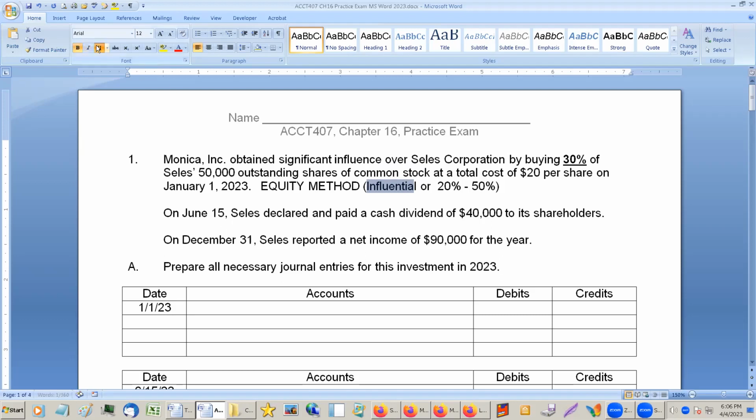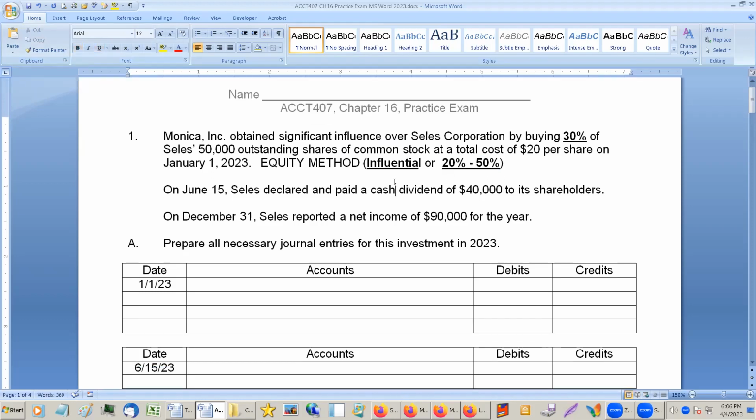If they don't give you that, then you go to the 20 to 50%. So they don't tell us whether they're influential or not, but we're going to assume that they are because we don't see anything that says they're not influential.